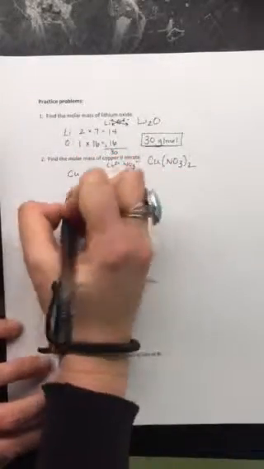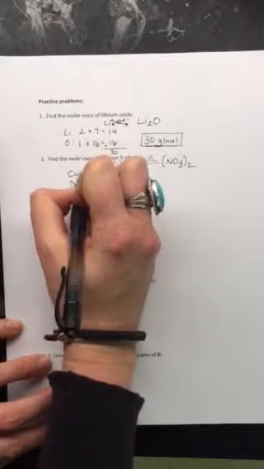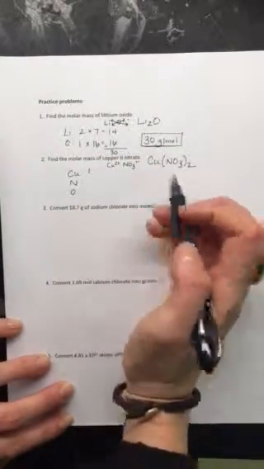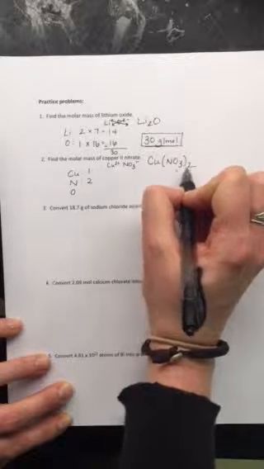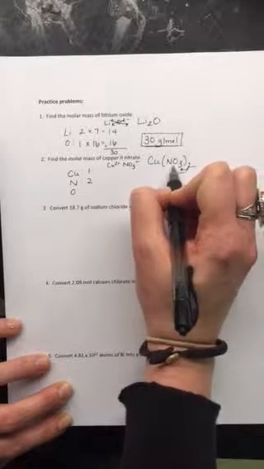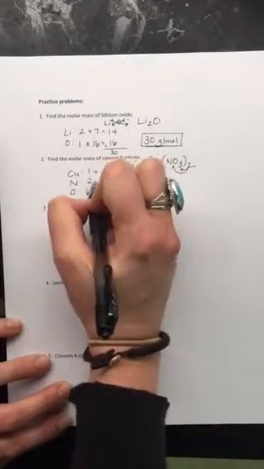We're going to break up the elements. So we have copper here, nitrogen, and oxygen. In the formula, there's 1 copper. There are 2 nitrogen. Remember that whatever's outside of the parentheses distributes to whatever's inside the parentheses. And then I have 6 oxygen.